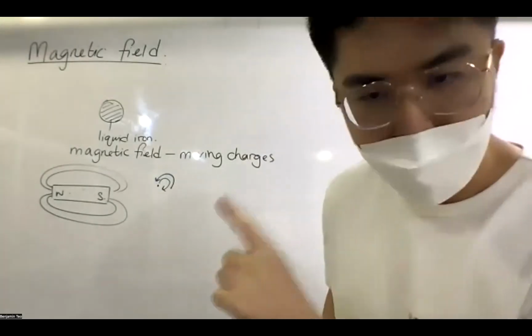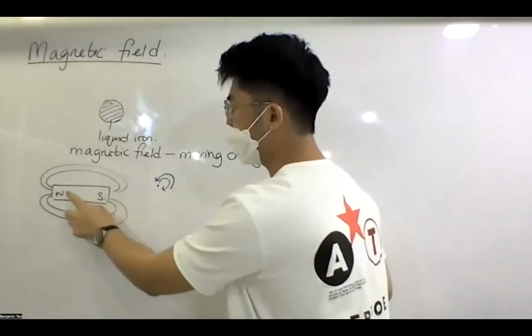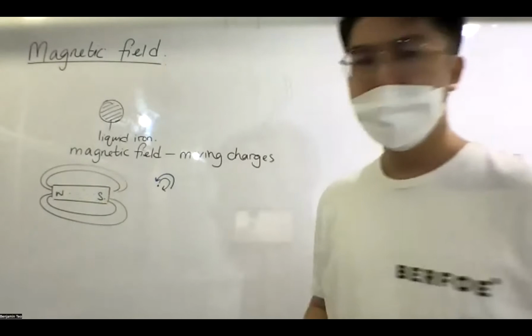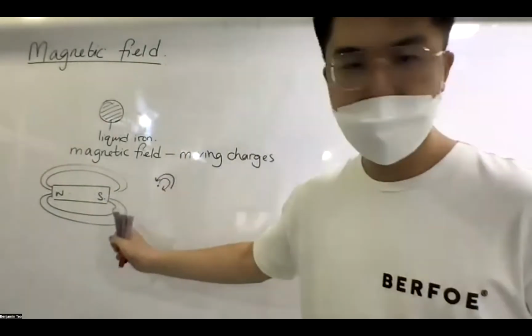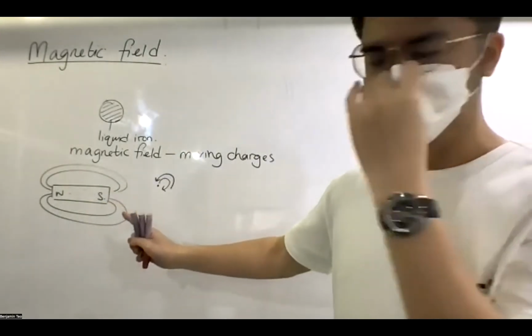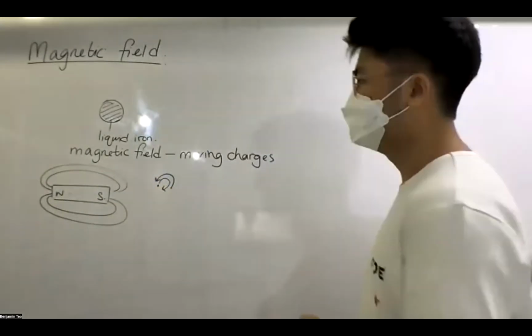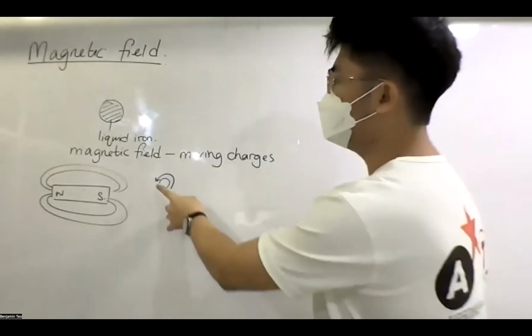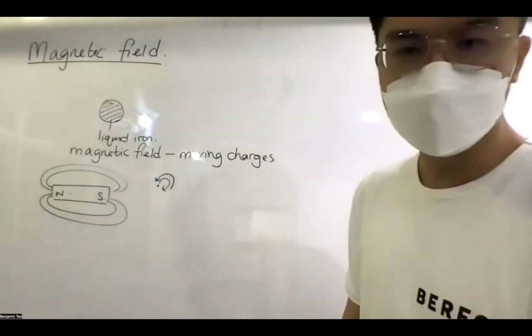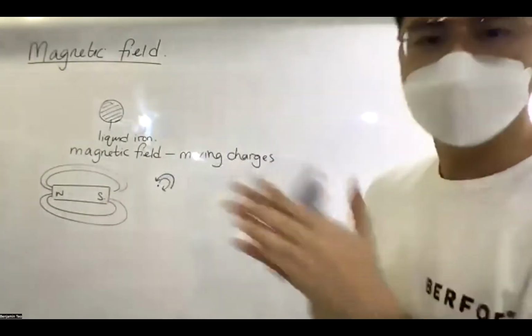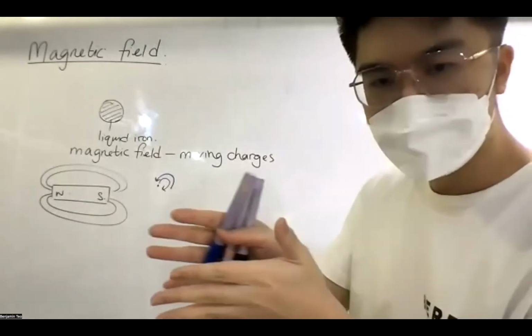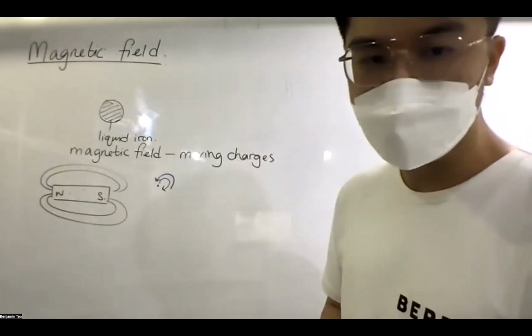What makes a magnet is that inside the magnet, the electrons, the charges, have a net orbital motion, we say. Or I say that the orbital motion does not get cancelled out. Their motion is aligned, in line with each other.